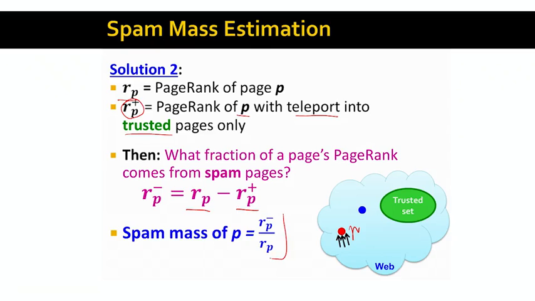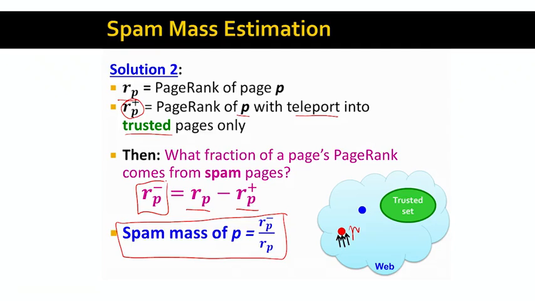So this way, we can define the spam mass of a page, which is the ratio of the amount of spam mass that page receives and its overall PageRank score. And all the pages that have this spam mass fraction high, we would proclaim as spam and remove from our web corpus.